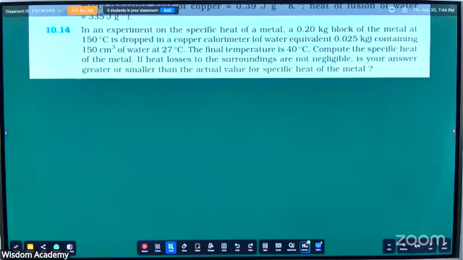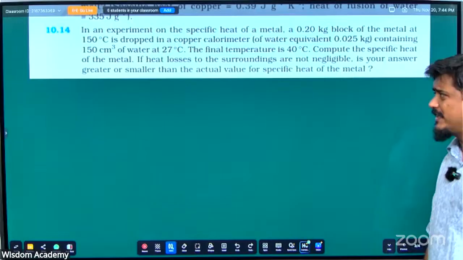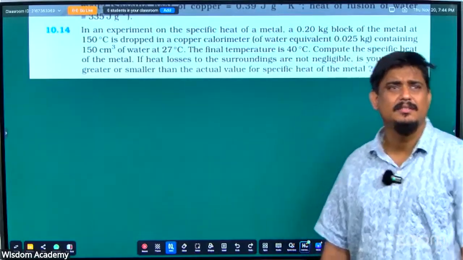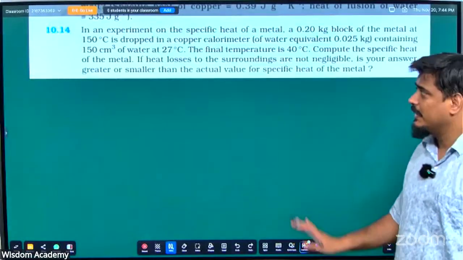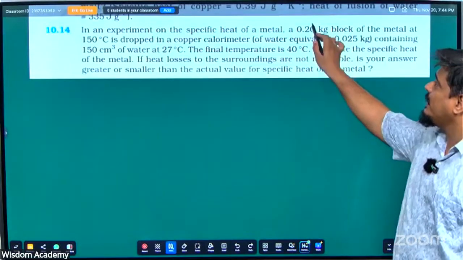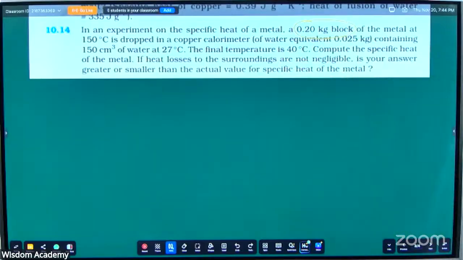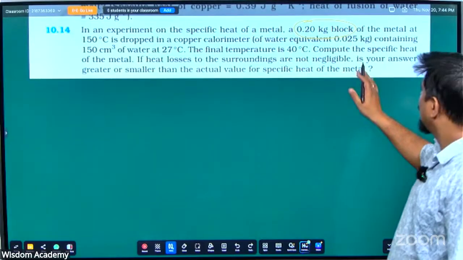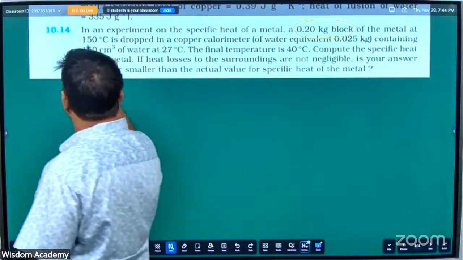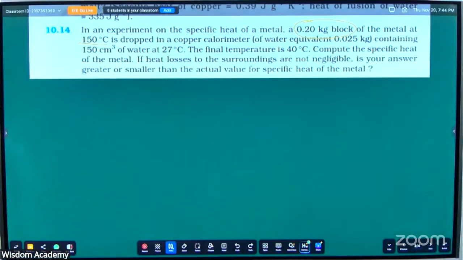Sir, what is the latent heat of fusion for the metal? Why do you want to find that, man? No change of state is happening here. Not required. They have told that 0.2 kg block of some metal, they have not given the specific heat, at 150 degrees Celsius is dropped in a copper calorimeter.